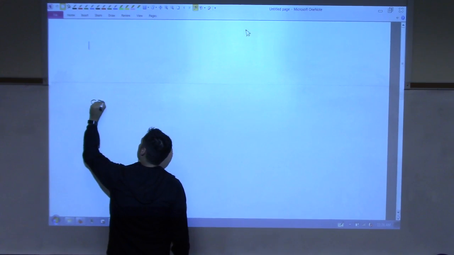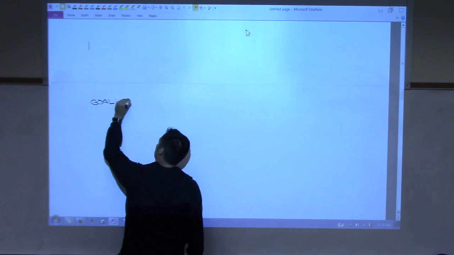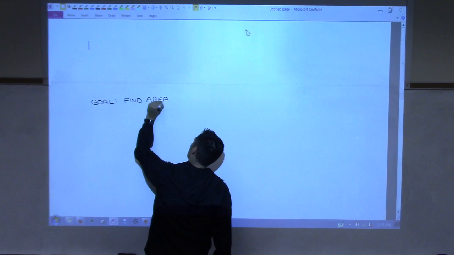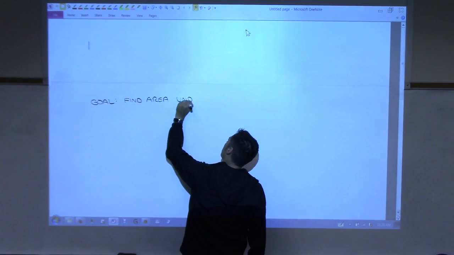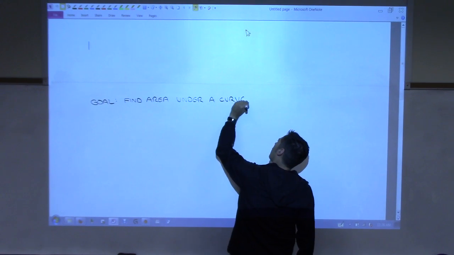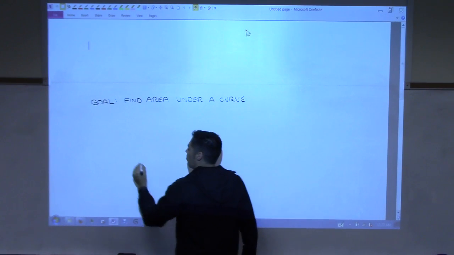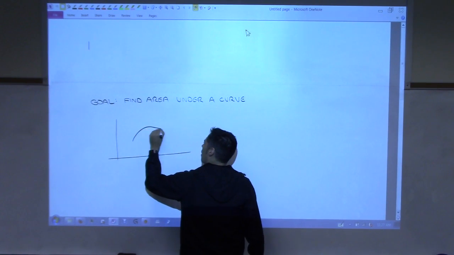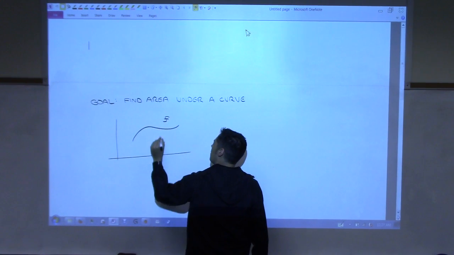A goal that we have here is to find the area under a curve. So I'm going to draw a picture for you. Let's say you have a function. I will call this little f.